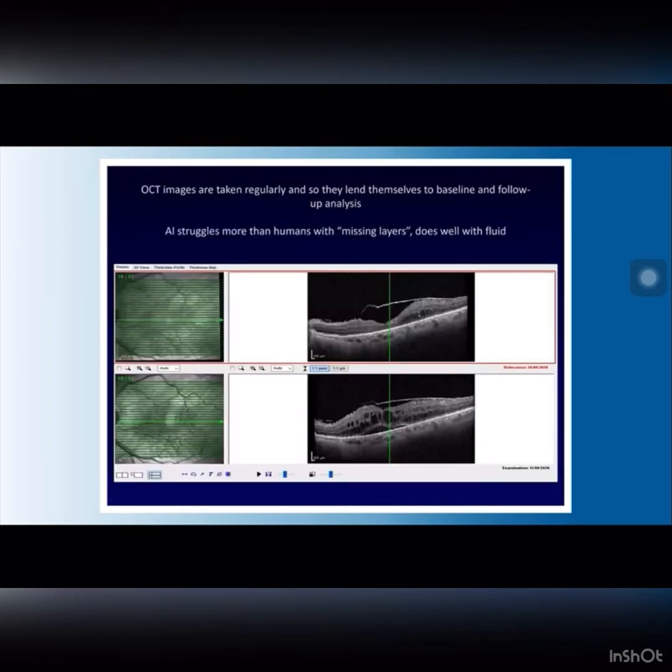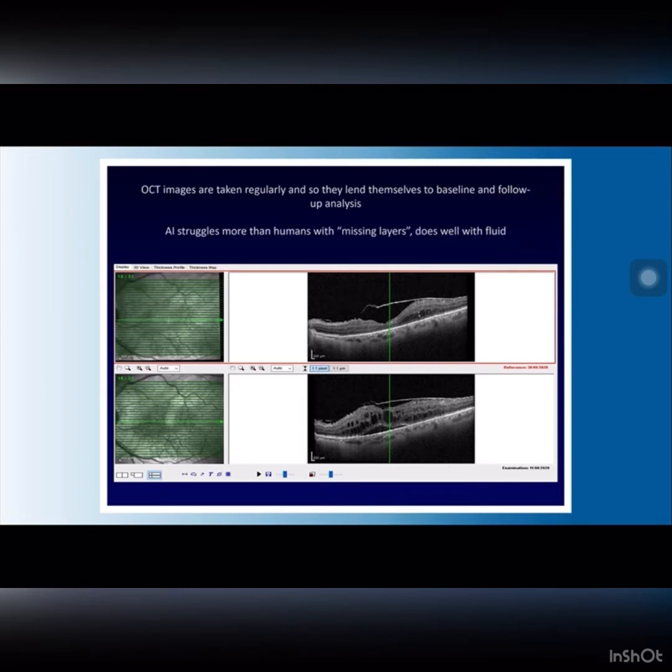However, if we do look at the artificial intelligence pathway for some of these diseases, we can see that artificial intelligence usually does very well on fluid, which is the bottom image, but it doesn't do very well with missing layers, such as in the top image. So this patient has lost a lot of vision, but seemingly has less fluid and seemingly looks better.